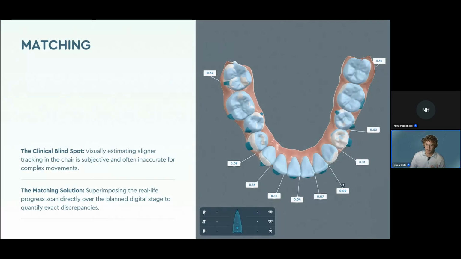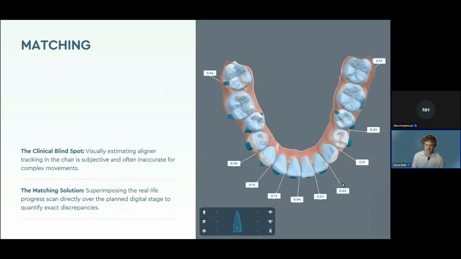So here's where matching comes in. The idea is simple. Instead of guessing whether the tray is tracking, we can compare the current situation to the planned stage. And if a patient is supposed to be on, let's say, aligner 20, we can take new upper and lower scans and match them against that stage to see how close we are.